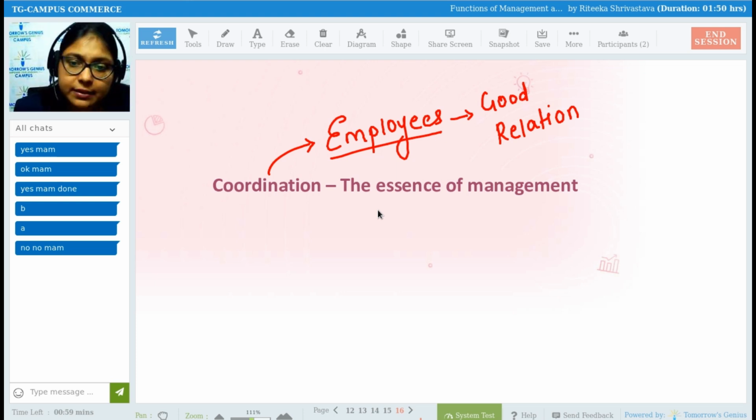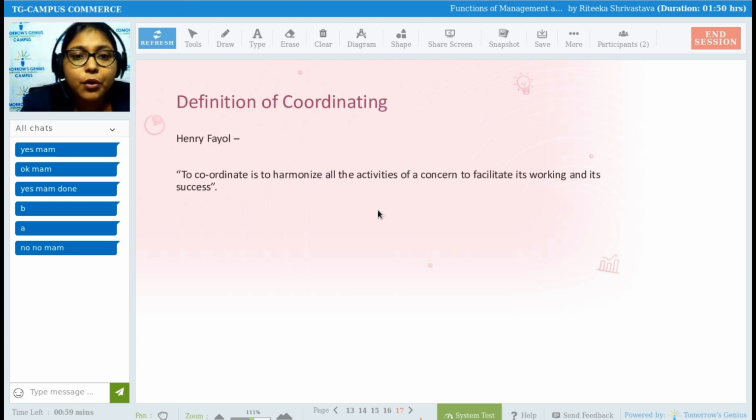So what does coordination mean? Henry Fayol has given the definition of coordination. If you remember, I told you in the beginning of the class that whenever you write a definition, you have to write the correct name of the person and the exact same definition that the person has given. You can't change even a small letter.